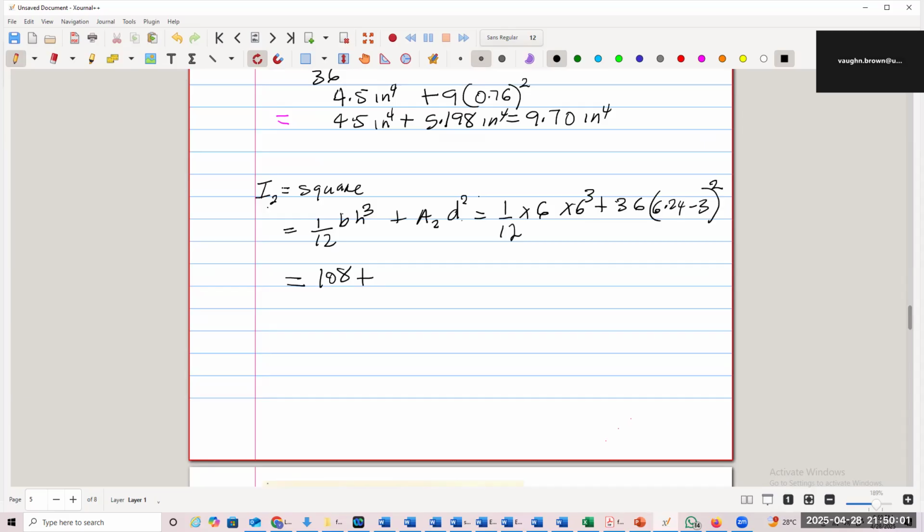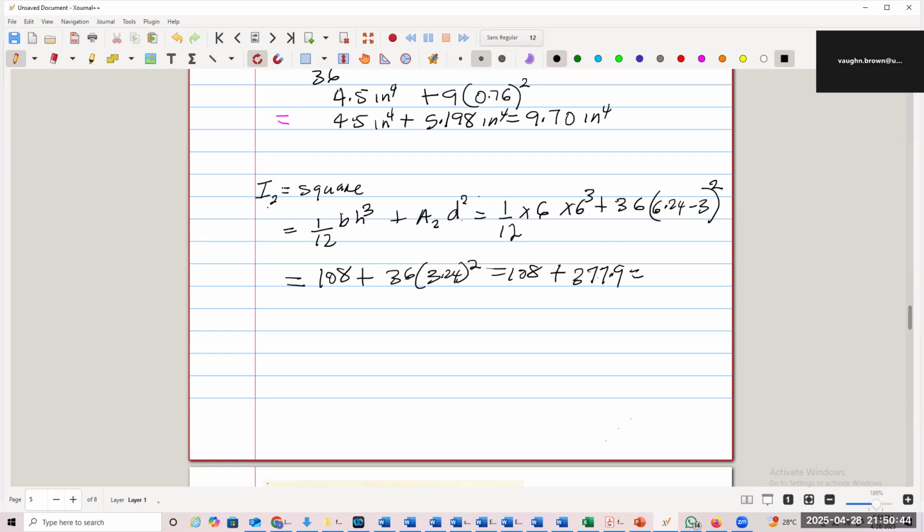So it's going to be 36 times 3.24 all squared. This answer should give you 108 plus that addition, 36 times 3.24 squared. That will give you 7.9 added to 108.